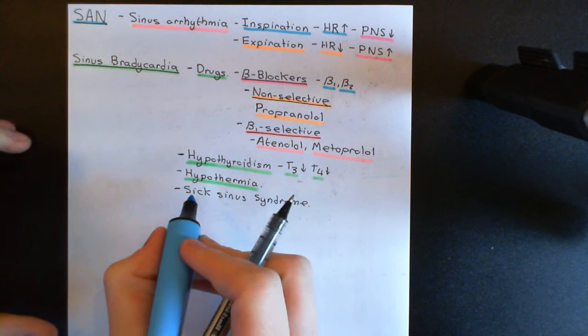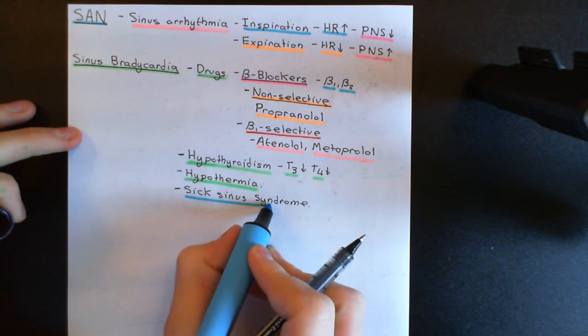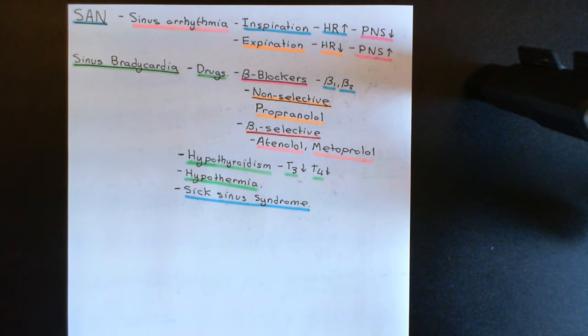In sick sinus syndrome, something very horrible has happened to the sinoatrial node cardiomyocytes. Most likely there has been a myocardial infarction that has involved part of the sinoatrial node. So cells in the sinoatrial node have died. You've got scar tissue now in the sinoatrial node. The sinoatrial node is not well, hence it's called sick sinus syndrome. But we'll talk about that one later on.